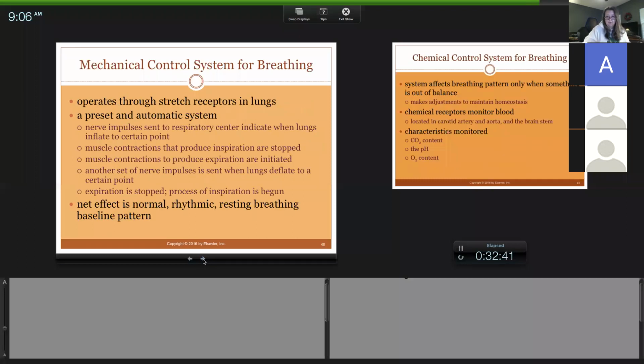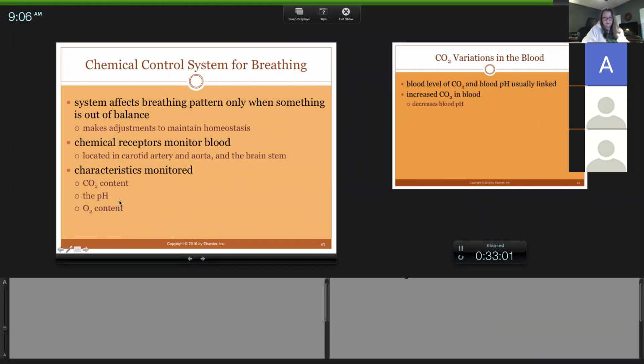Mechanical and chemical. Mechanical is stretch receptors. Mechanical controlled breathing is sensing how much the lungs are expanding or contracting. So those are stretch receptors in the lungs. They trigger a breath when the lungs get too big or when the lungs get too small. Chemical control of breathing is monitoring CO2, pH, and oxygen.